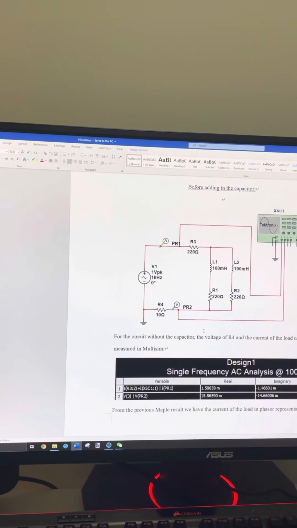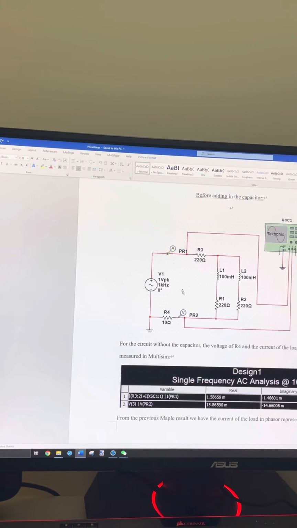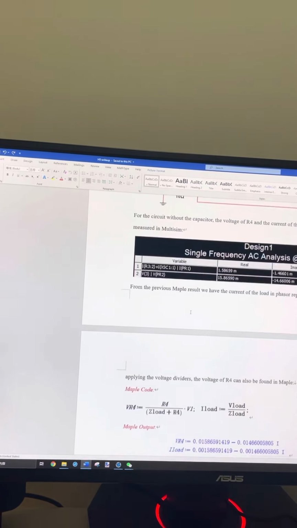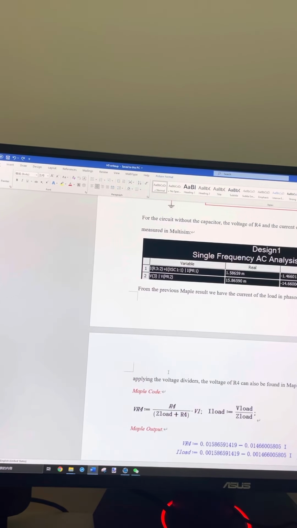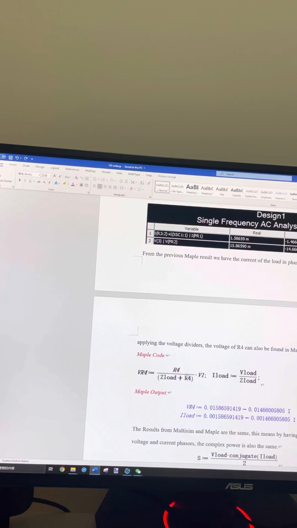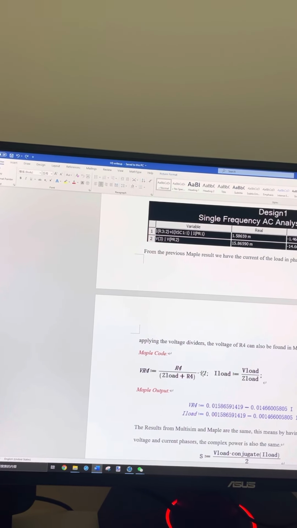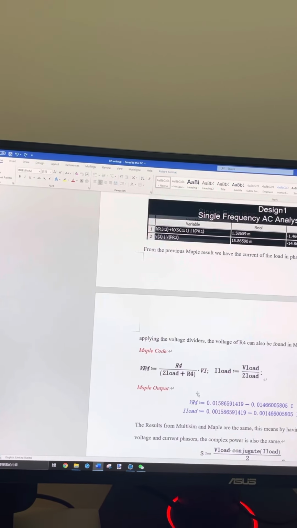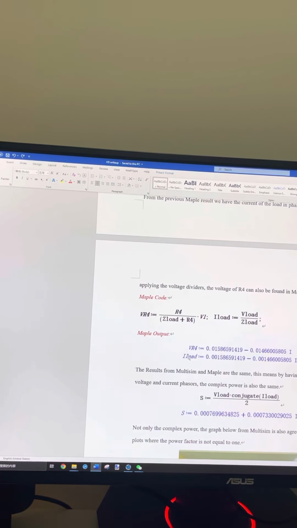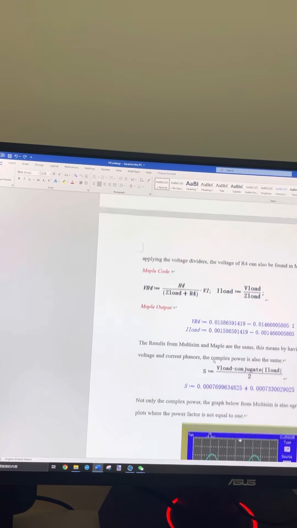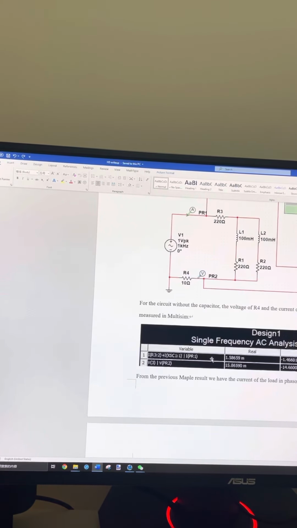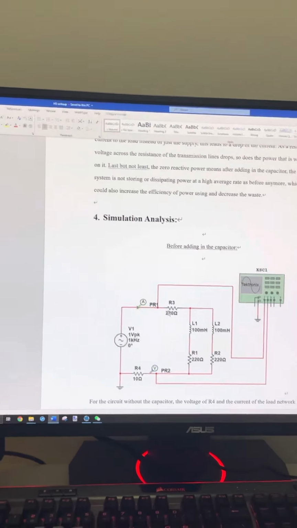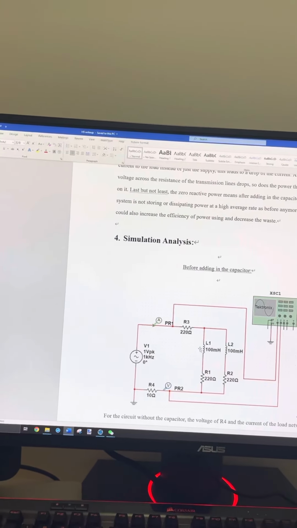And then we can find that the output of the simulation actually matches what we got from Maple. This is a very good thing for us because it shows that what we calculated and what we built here is correct.